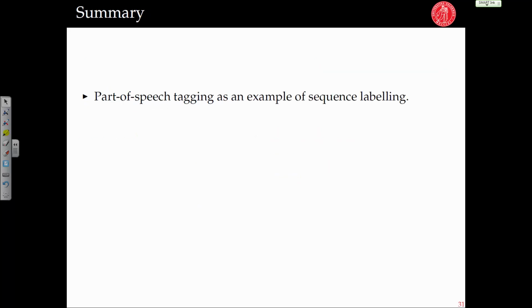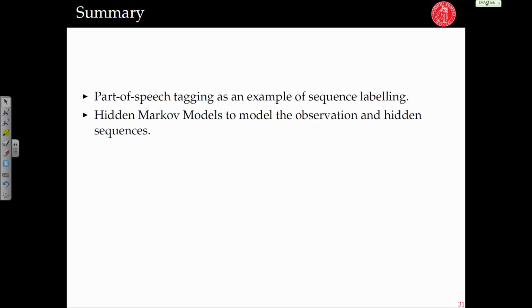So, just to summarize very quickly, part of speech tagging is a sequence labeling problem. Our goal is to predict a sequence of labels. The hidden Markov model is used to represent problems where we have an observation sequence and a hidden state sequence, where this hidden state sequence has a relation to the observation sequence.